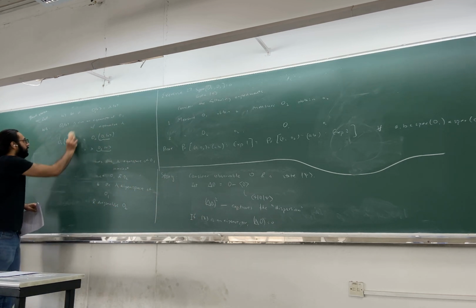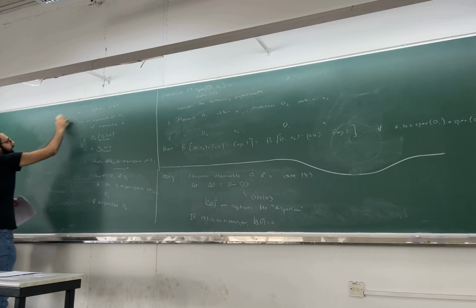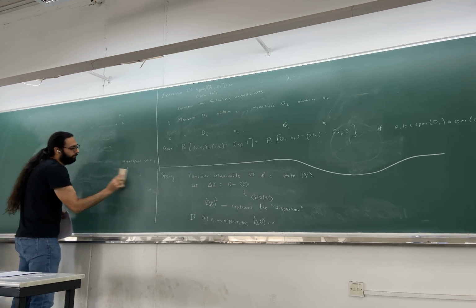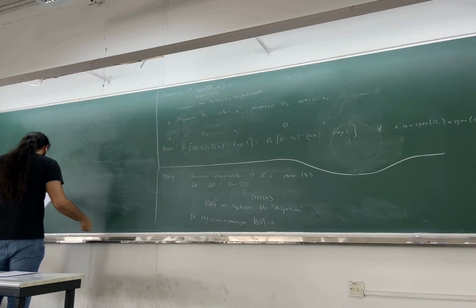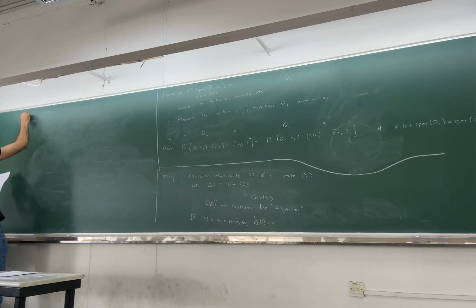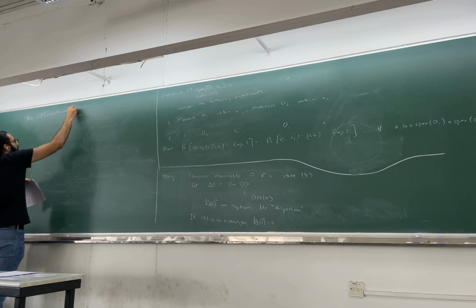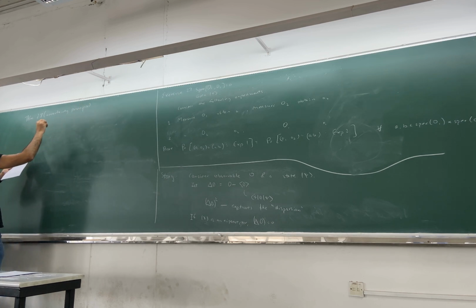Let me write the formal statement. Hopefully, it'll become clear. Of course, you can formalize this in many ways. This is not the only way to do it, but it's one of the standard ways. And the theorem is the following. The theorem is the uncertainty principle, which states the following.